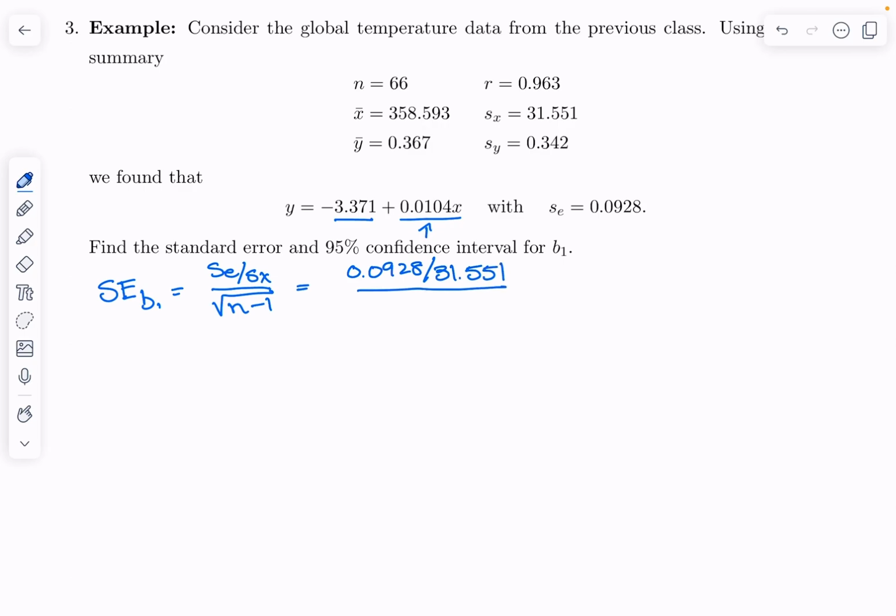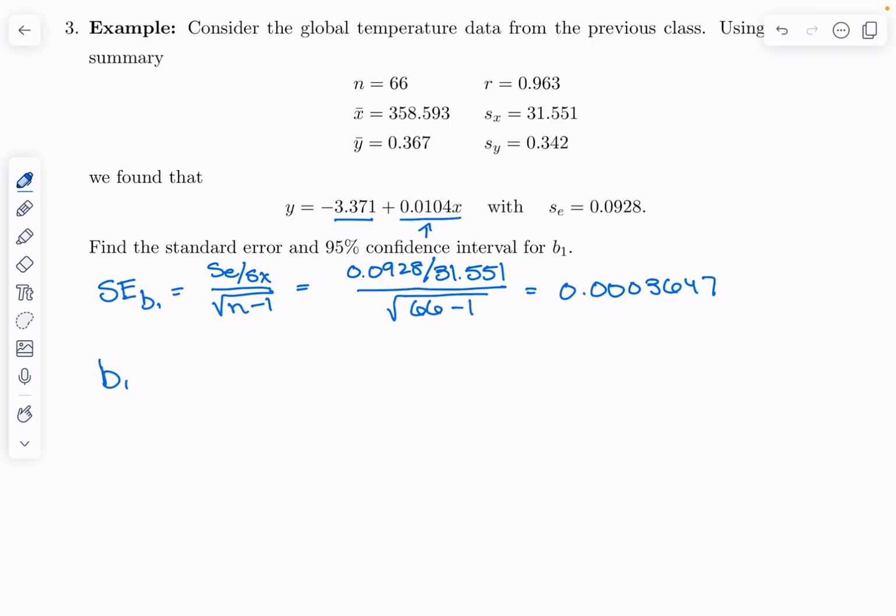And then I'm going to divide that by the square root of my sample size, 66 minus 1. If I put that into a calculator, I'm going to get 0.003647. That looks like a very small number, but remember that our slope is also a small number.